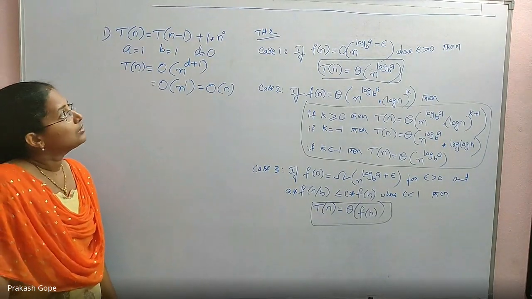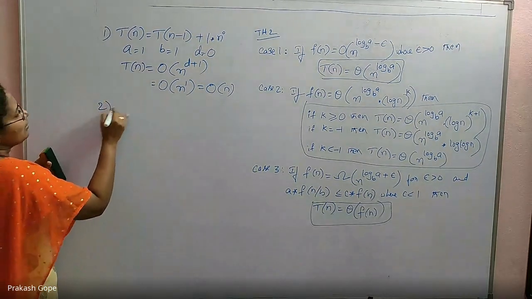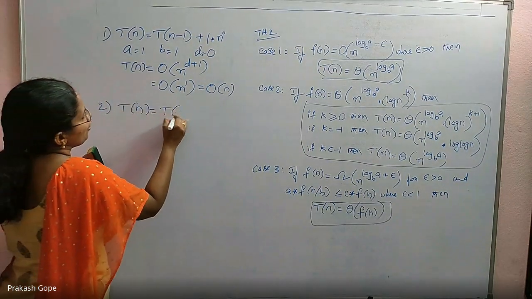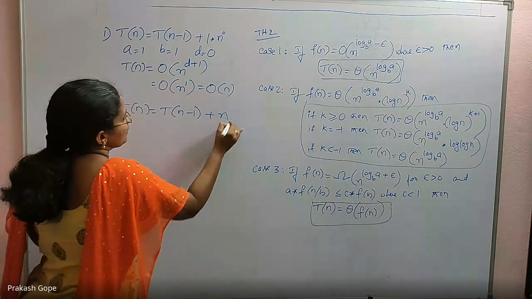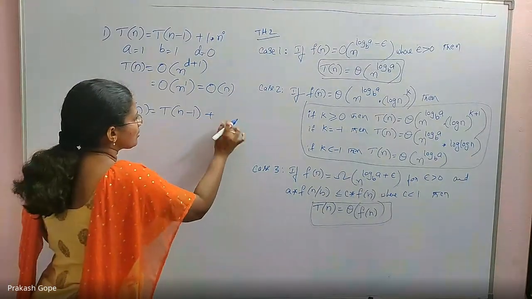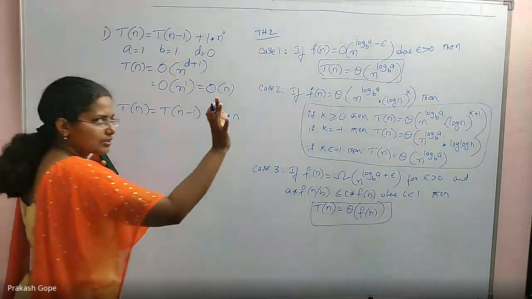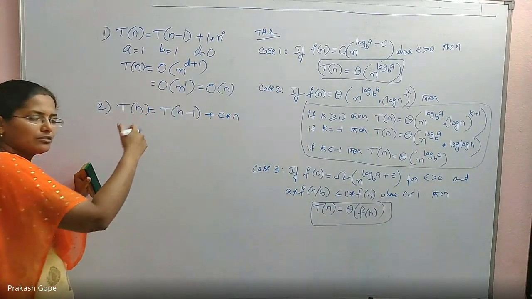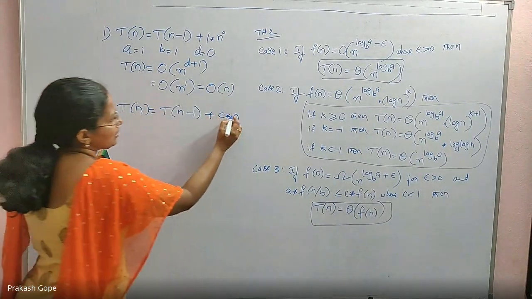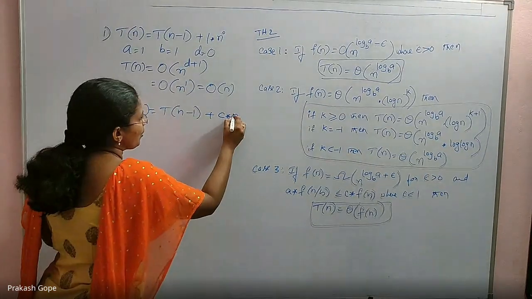Another question. T of n is T of n minus 1 plus n. Whether they give plus n or some constant into n doesn't matter for us. We are not interested in that constant, you just remove it. What matters is the n power. On the whole, it is a polynomial of degree 1.